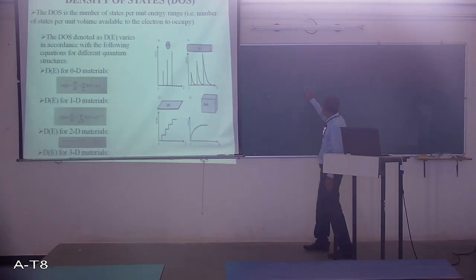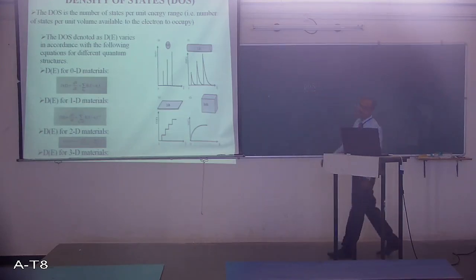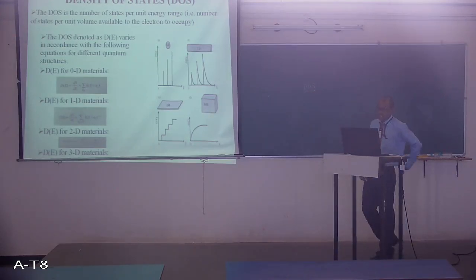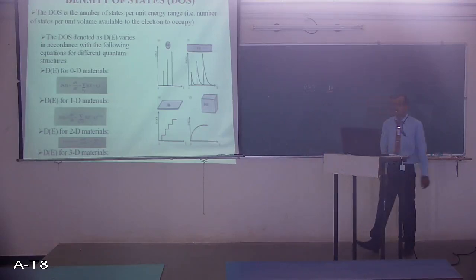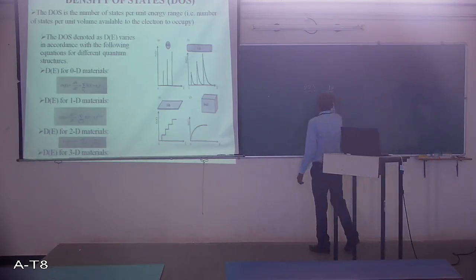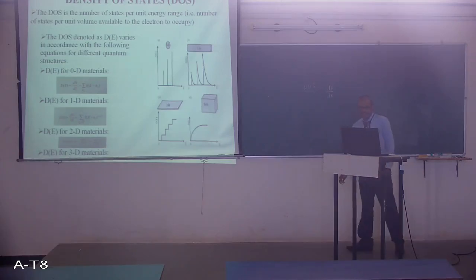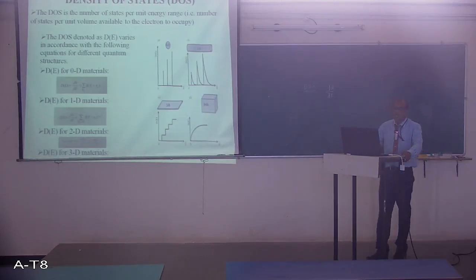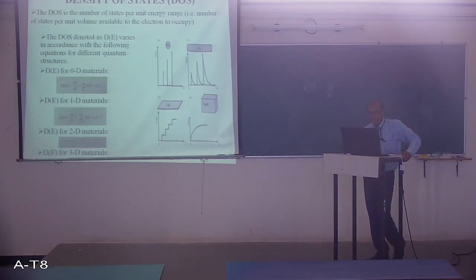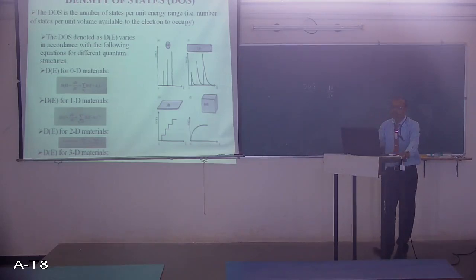What is density of states? The density of states is the number of states per unit energy range. That is nothing but the number of states per unit volume available to the electron to occupy in that particular region.